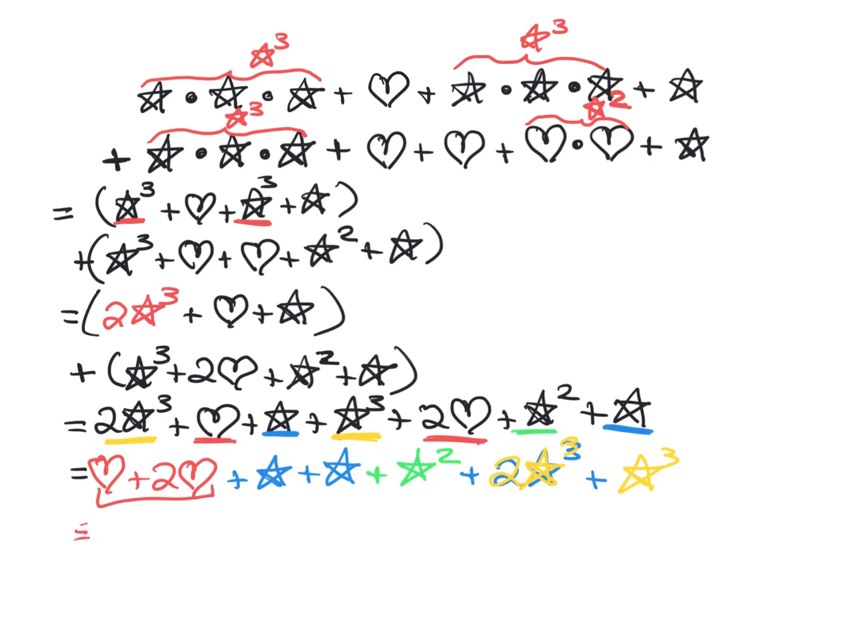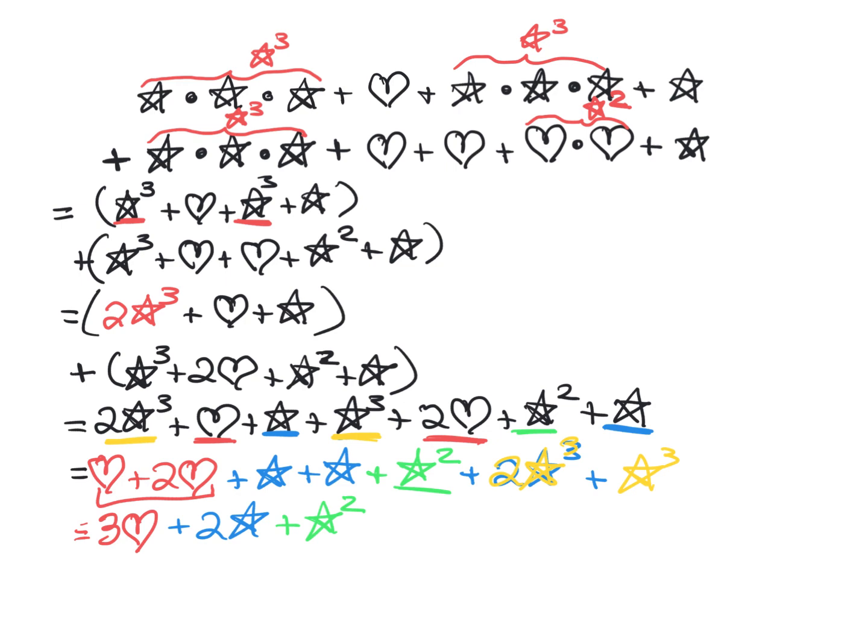Okay, and now that things are next to each other, we can see easily that we can group them. So heart plus 2 heart, well, I have a total of 3 hearts. When I have 1 heart and I add 2 hearts to that group, I'll have 3 hearts total. And then a star plus a star gives me 2 stars total. I only have 1 thing in this next group, a star squared.